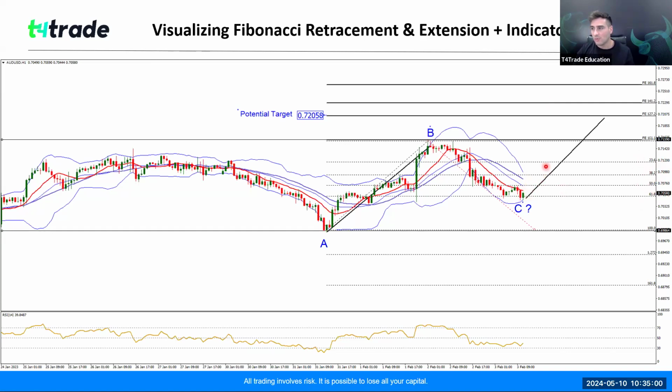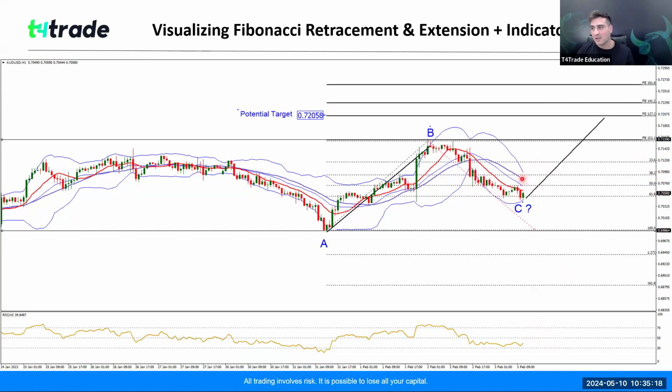So if we see a formation of a bottom, this area here would be my preferred area of entering a position. And if we see the price action rolling up to this level, most likely you're going to see an RSI above 50.